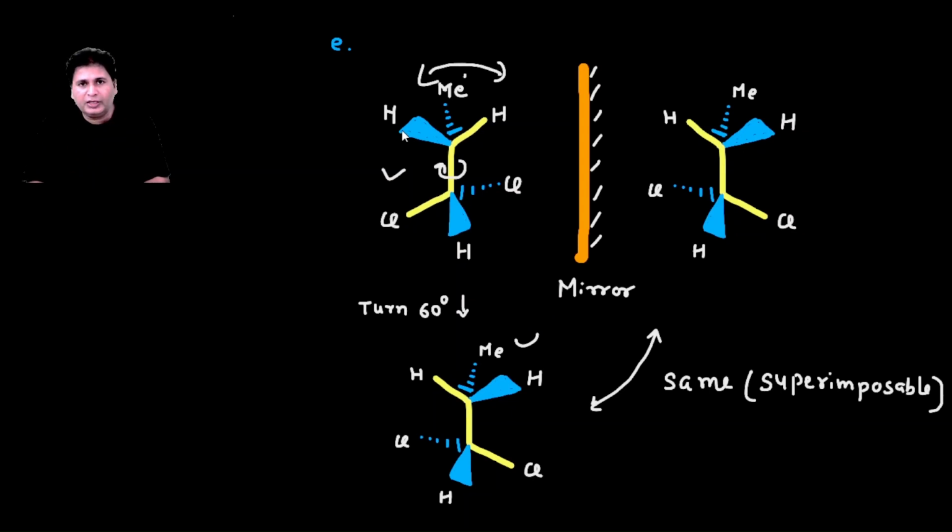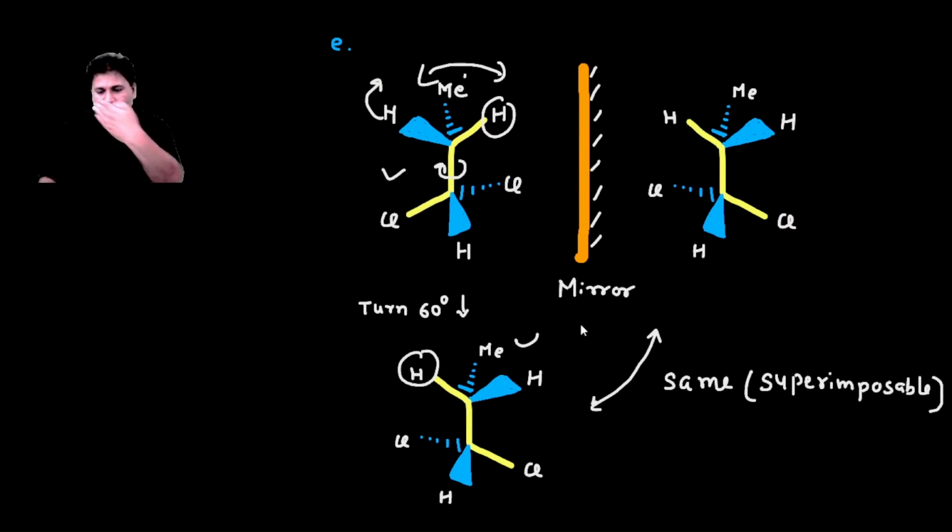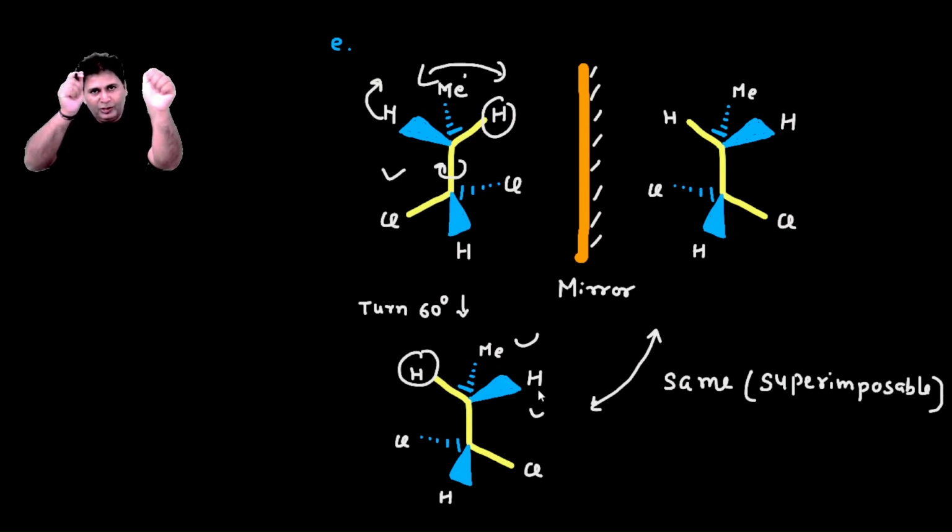This hydrogen will come here, and this hydrogen moves there. Earlier it was coming outside, now it will be on the plane of paper, and earlier this was on the plane of paper, now it will come outside like this. So 60 degrees you have turned like this.